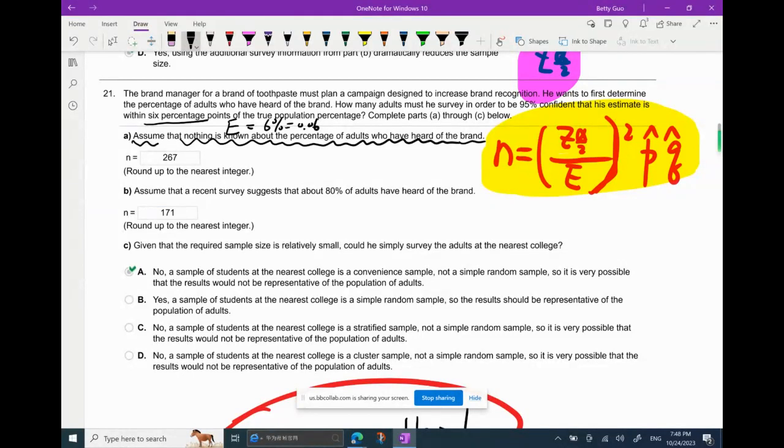This is also very reasonable, because we are trying to estimate the population proportion. We want to estimate what percent of adults have heard of the brand. Of course, we don't know. We know nothing about it.